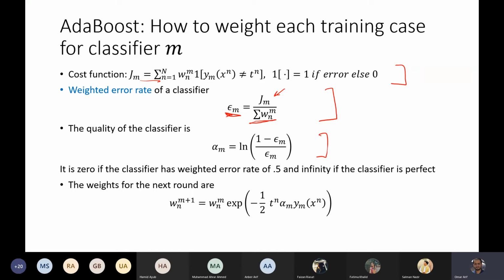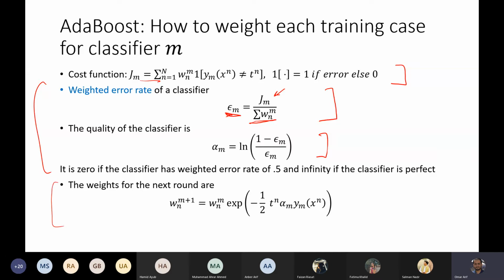Basically, what this equation is telling you is that it is zero if the classifier has a weighted error rate of 0.5, and infinity if the classifier is perfect. Okay, and finally, this is for the first round or any round.